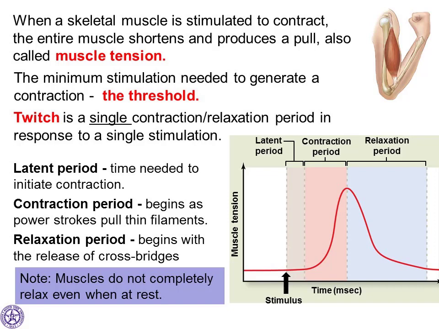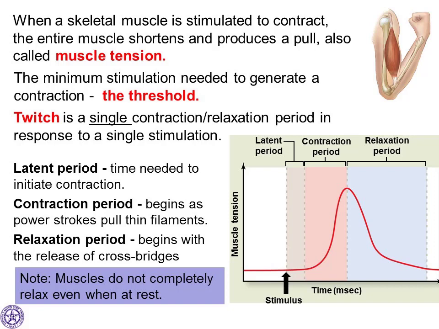So, not only are we going to recruit the fewest motor units possible to accomplish the work, we're going to generate the minimum stimulation we need to get a contraction to occur. And that's a threshold. And we've talked about thresholds before, especially with action potentials. So with an action potential, what is the membrane potential threshold to start an action potential?